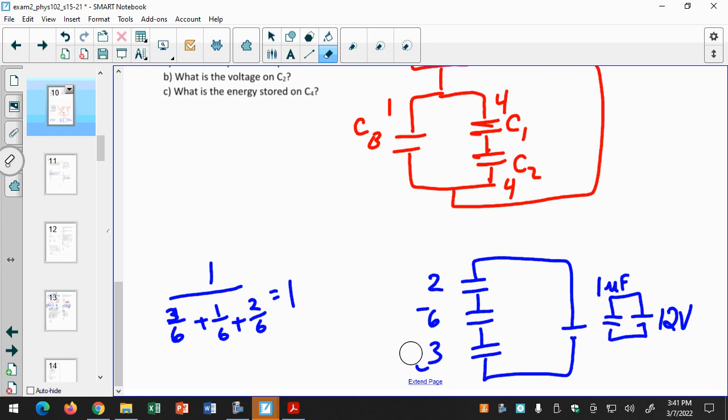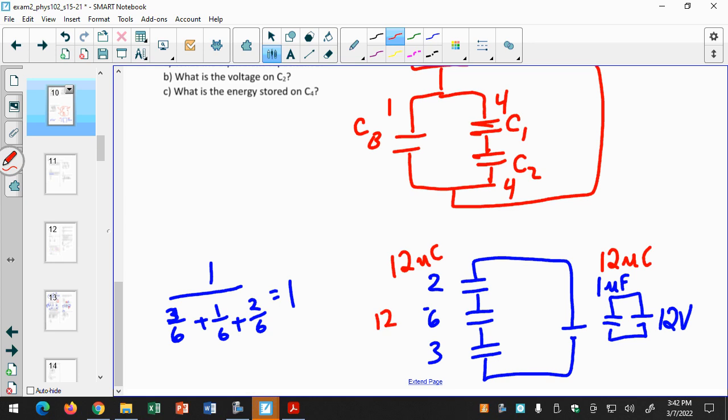I like that. All right, so now that I get this circuit, I have a 12 volt and a 1 microfarad capacitor. I know that it has 12 microcoulombs. So I have 12 microcoulombs here, 12 microcoulombs here, and 12 microcoulombs here. Then I can figure out the voltages. The voltage is equal to Q divided by C. Now see what I did here?